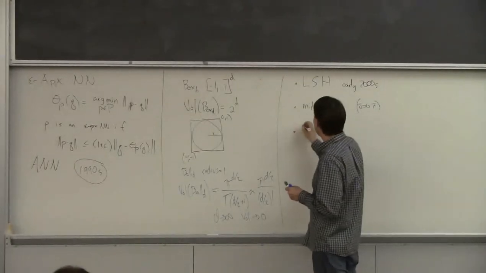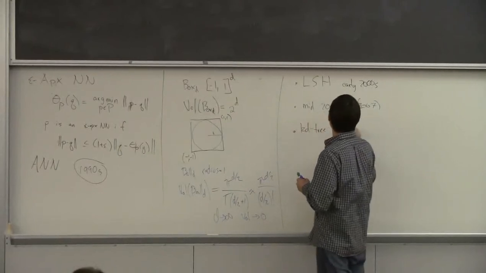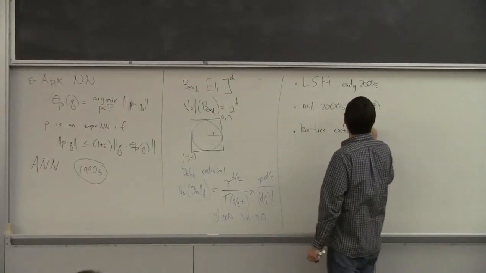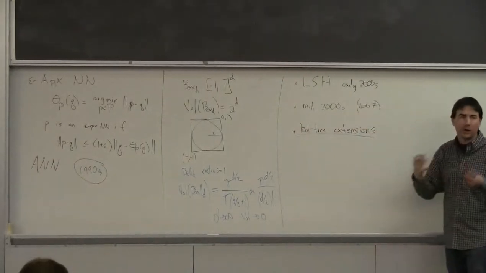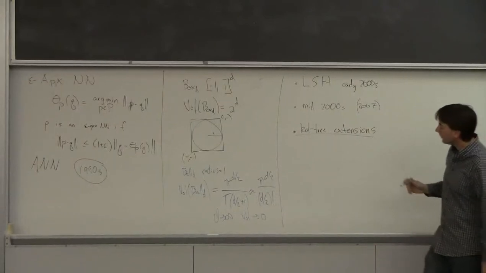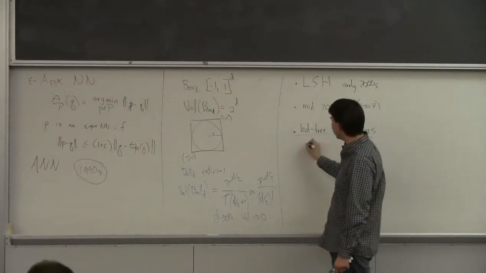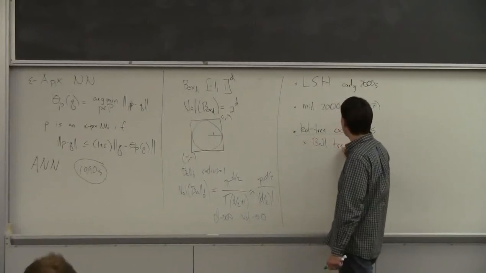So there are these KD tree extensions. Some of these date from before the mid-2000s, but I'm talking about where people have actually engineered it and got it to work really well. The simplest, the first thing, was this ball tree.